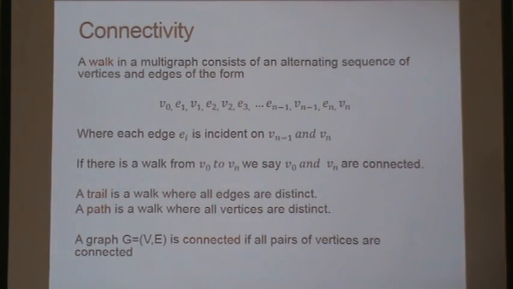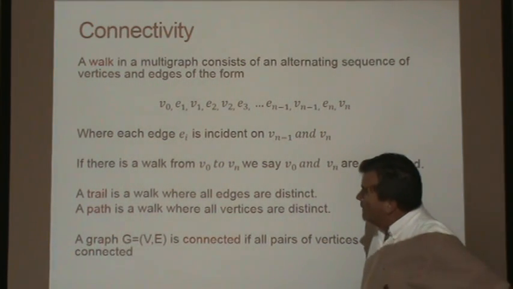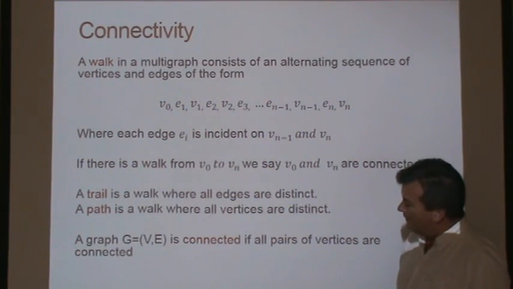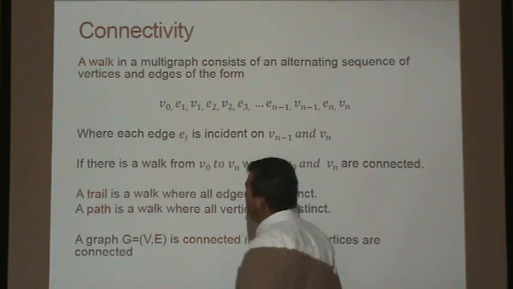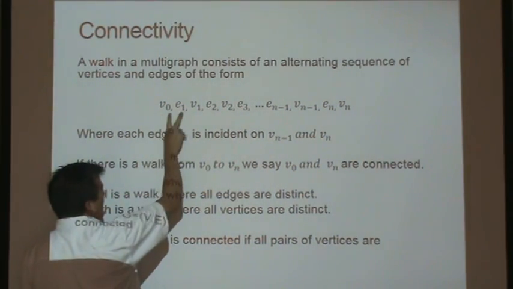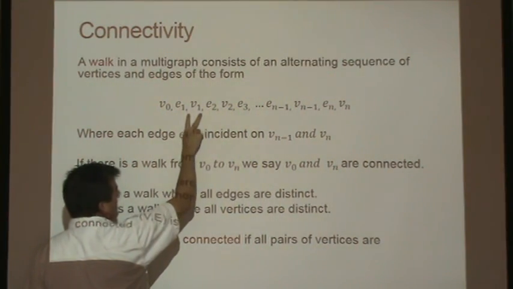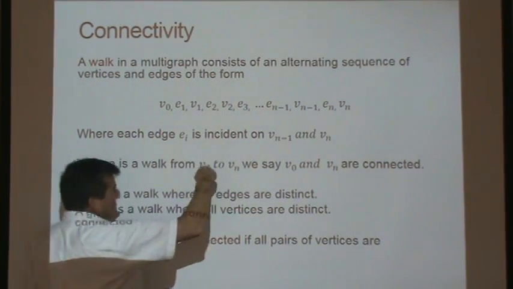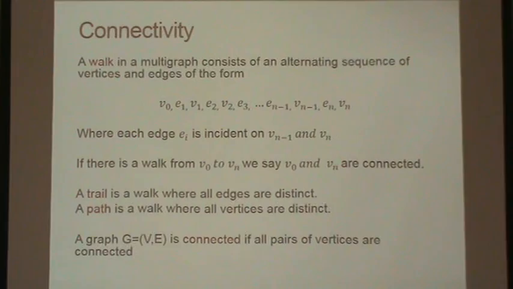So connectivity between points in our graphs has different definitions. One is a walk in a multigraph, which consists of an alternating sequence of vertices and edges. Like you're at this vertex and you take this edge to get to this vertex, and then you take this edge to get to this vertex, and you're hopping from vertex to vertex.